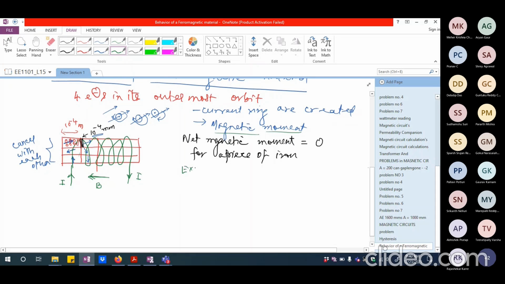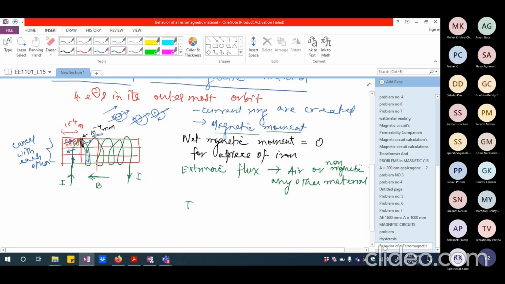We call this extrinsic flux: what is created in air or any other non-magnetic material. There is nothing inherently available within that material. In non-magnetic material, whatever is created is called extrinsic flux.